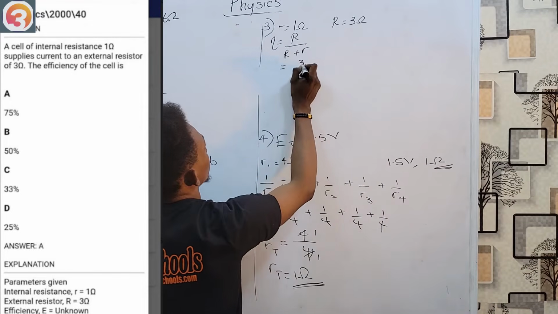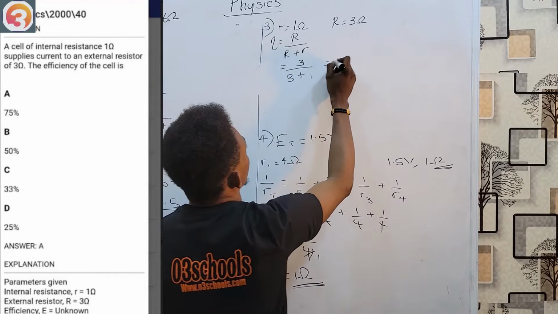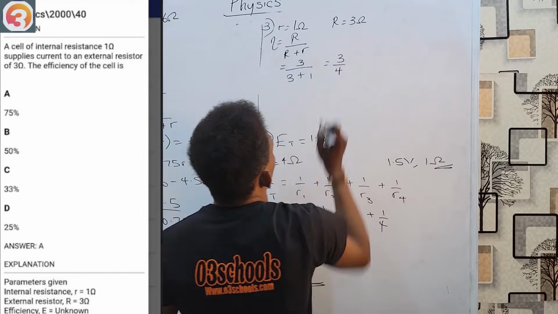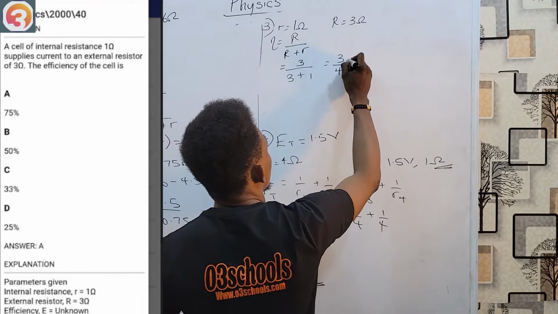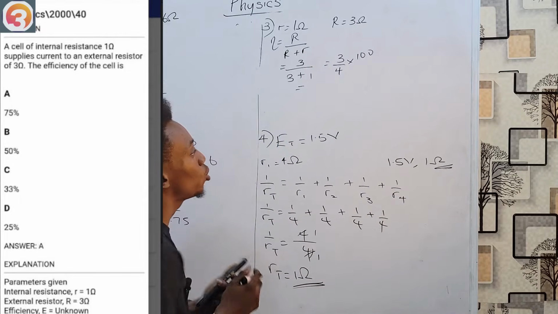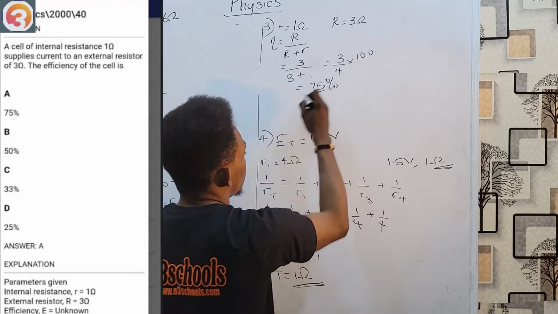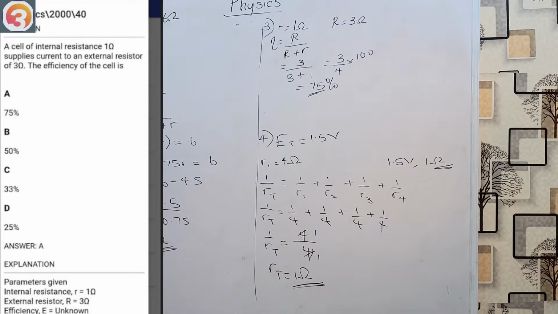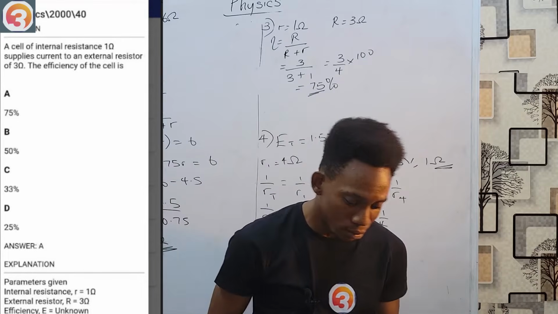The external is 3, internal is 1. That gives you 3 over 4. And as usual, we express efficiency as a percentage, so multiply by 100, and you get 75%. And just like that, we shall continue our analysis.